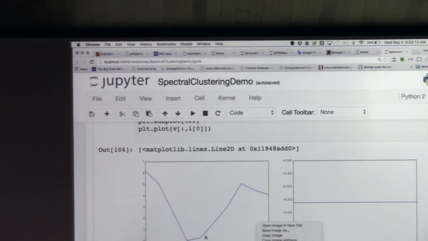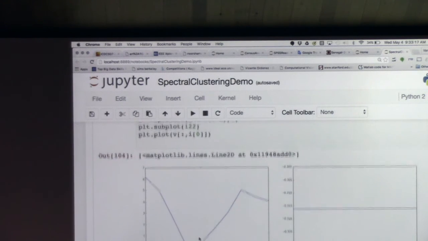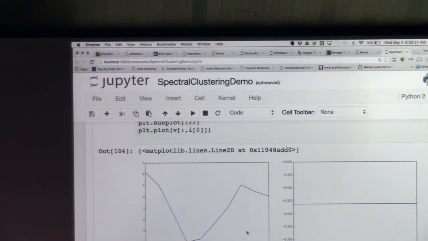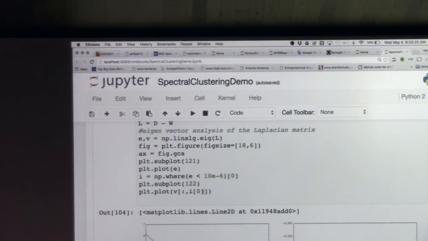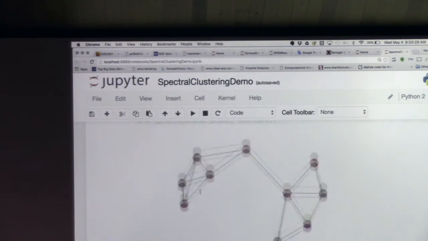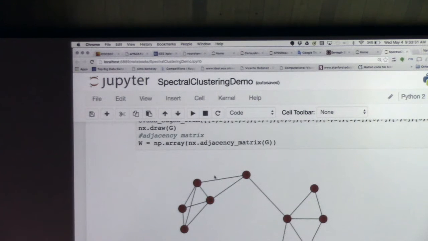But if you look at the second eigenvalue, this one will give you the next disconnected component. Maybe you can run it later, but essentially the same analysis will help you identify the nearly disconnected components if you analyze the smallest eigenvalues. So that is the basic idea.